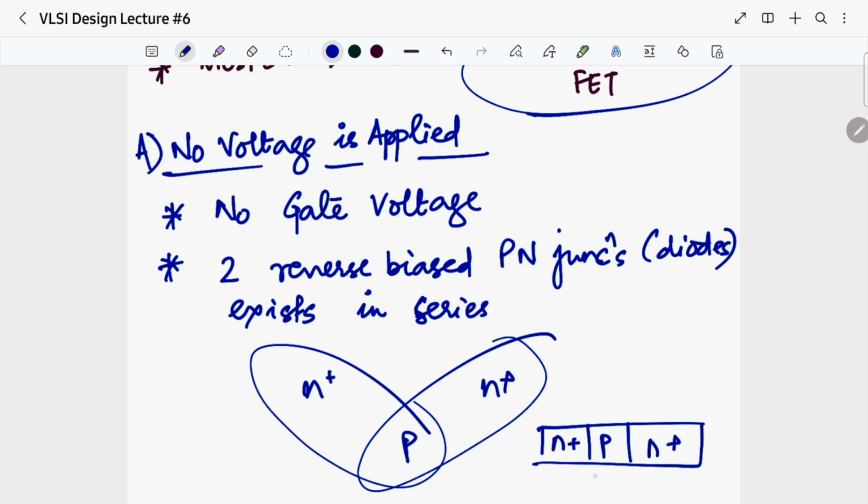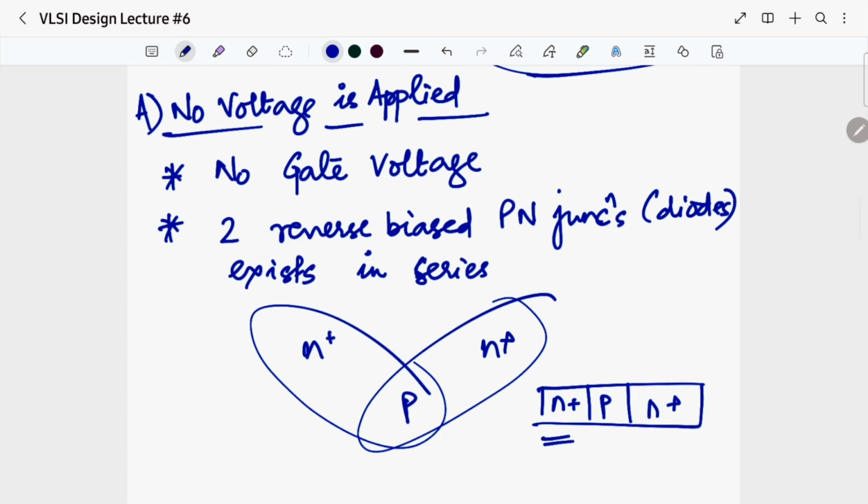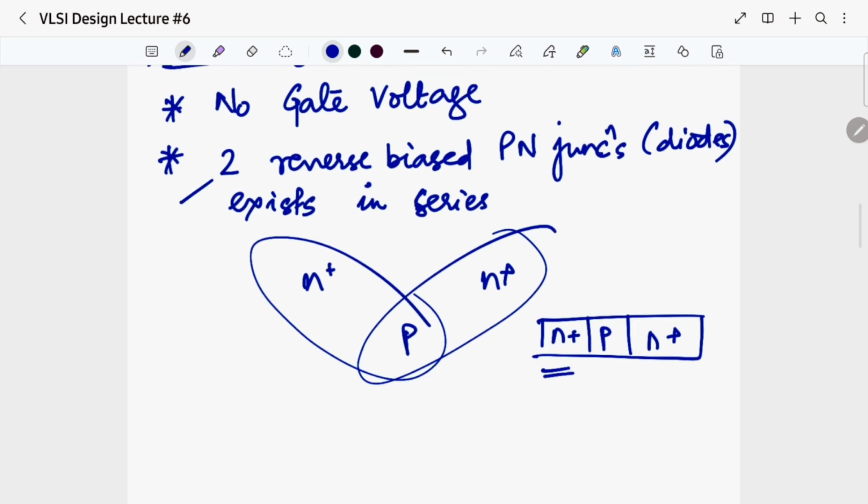It is in series connection. Since I have got two reverse biased diodes in series, what will happen? Will we have any kind of conductivity? Of course not. We will have no conductivity whatsoever.